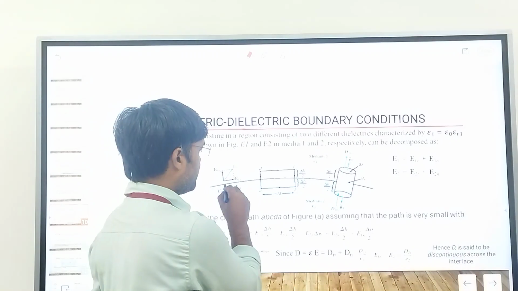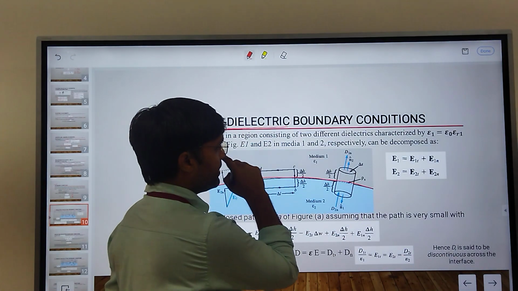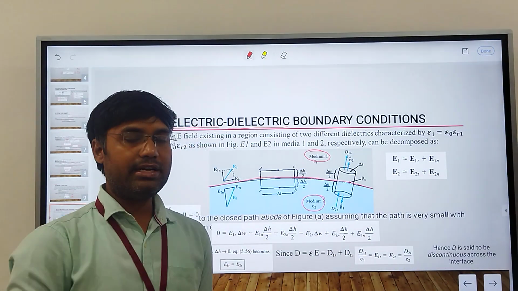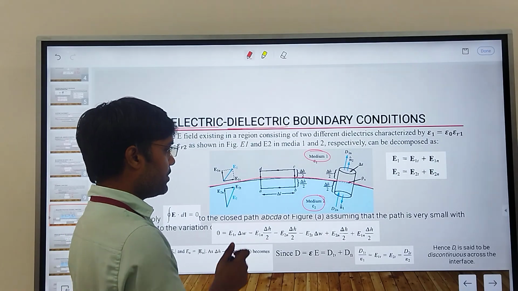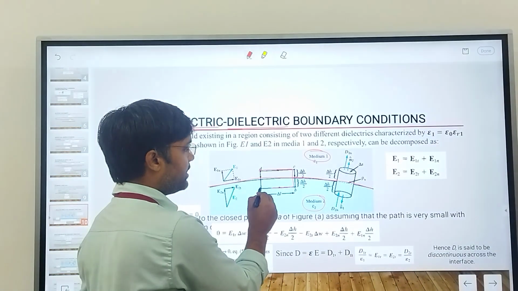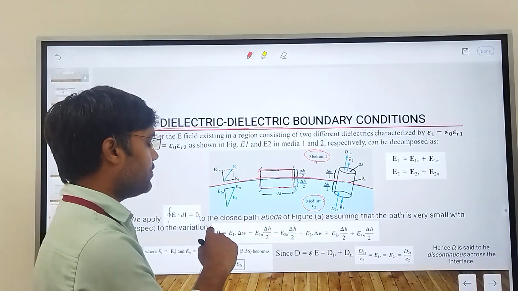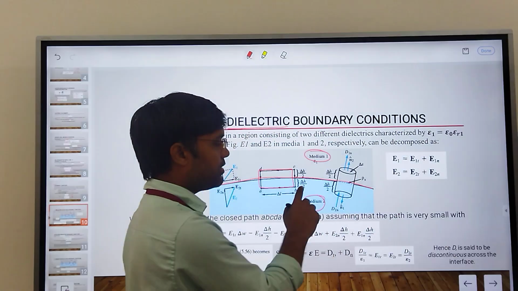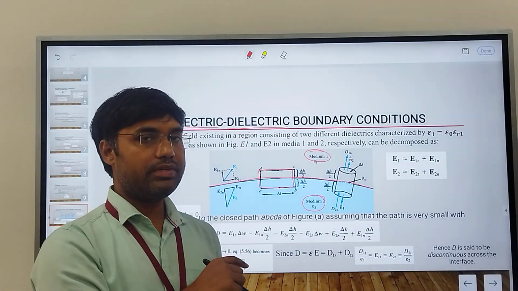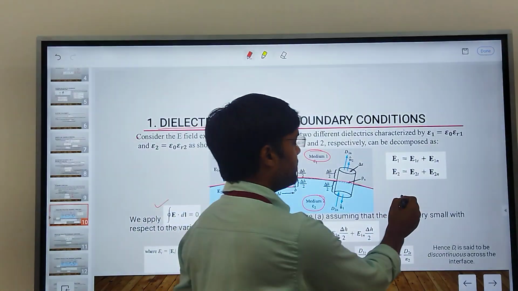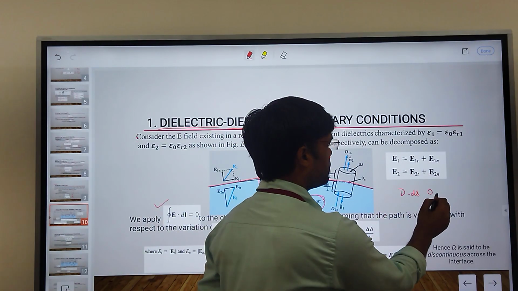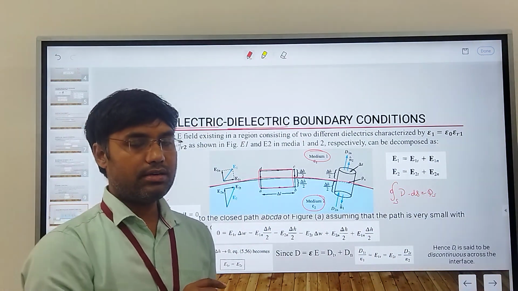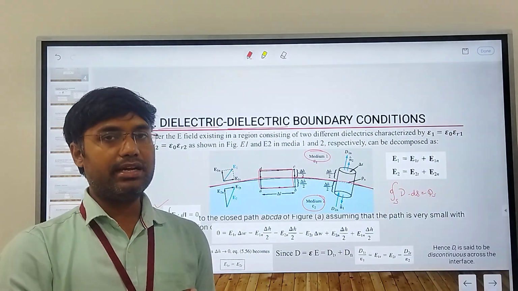Consider this curved line as the boundary, with medium 1 of permittivity epsilon 1 on this side and medium 2 of permittivity epsilon 2 on the other side. At the boundary we have considered a rectangular path for applying E dot dl equal to 0, and for D dot ds equal to charge enclosed we have taken a very small cylindrical shape, or pill box. So we have taken two very small shapes at the boundary of two different dielectric mediums.